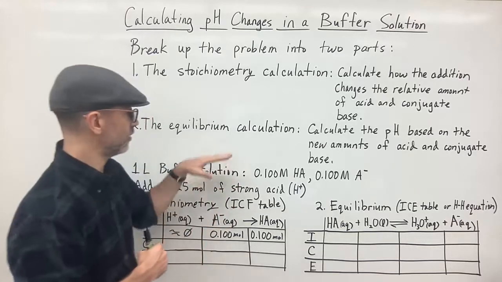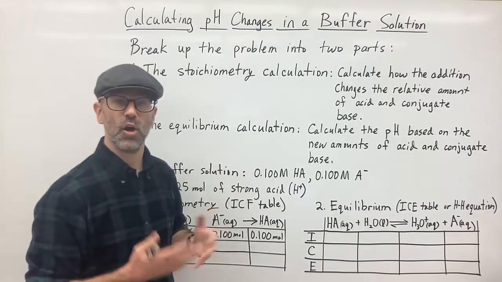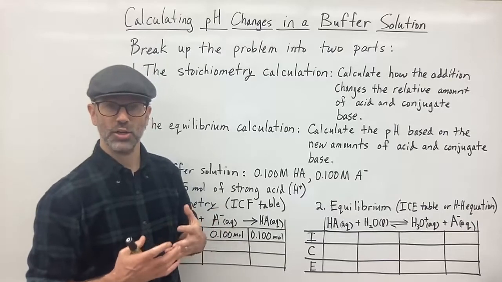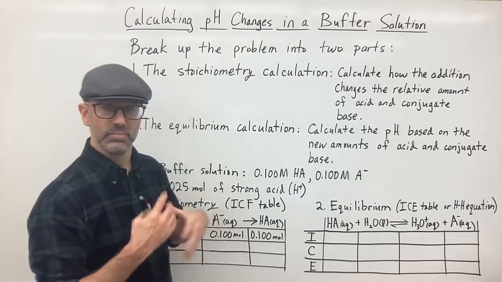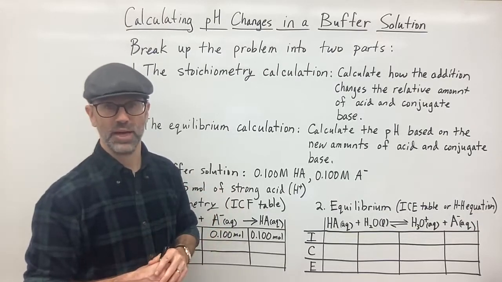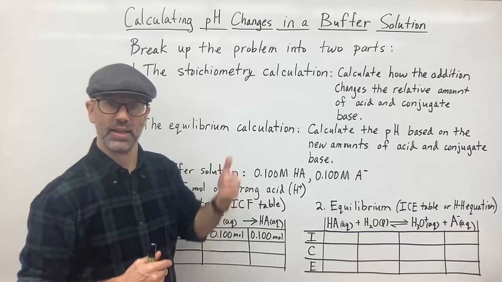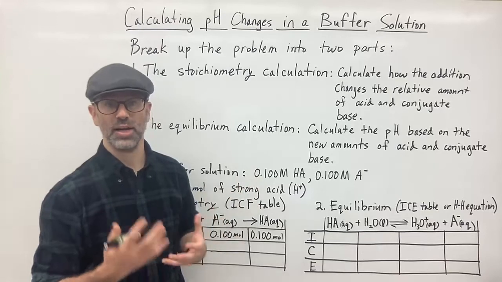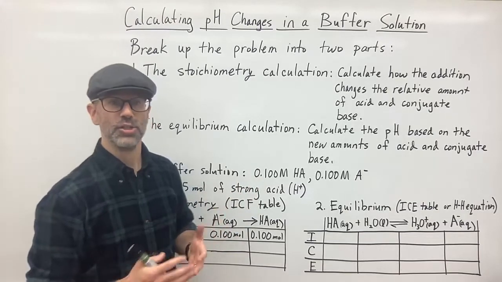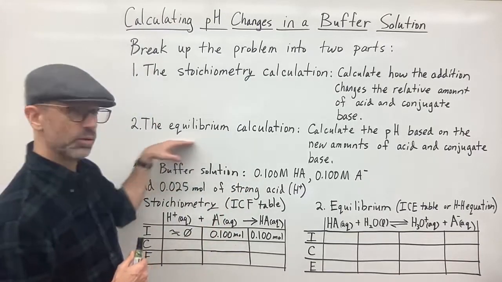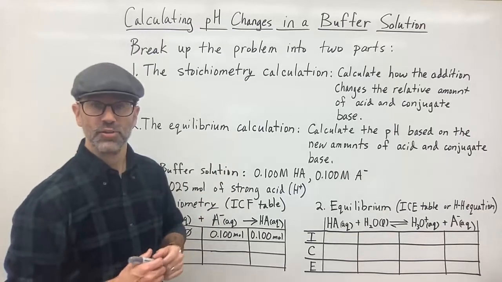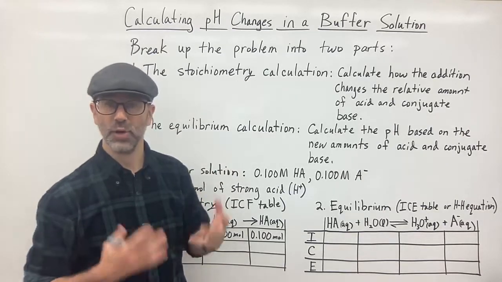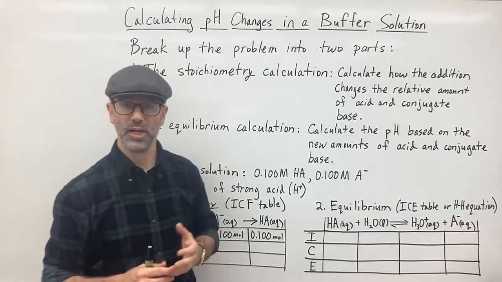And so that is the same as what you've done already with regard to weak acid and weak base calculations. And then prior to this, in my previous video, I showed you how to calculate the pH of a buffer. So that part would fall under part 2. So let's go over an example so I can show you what I'm talking about.